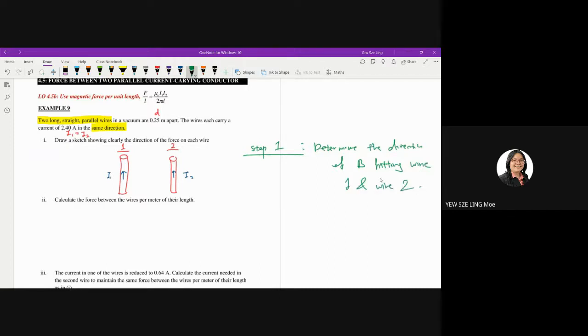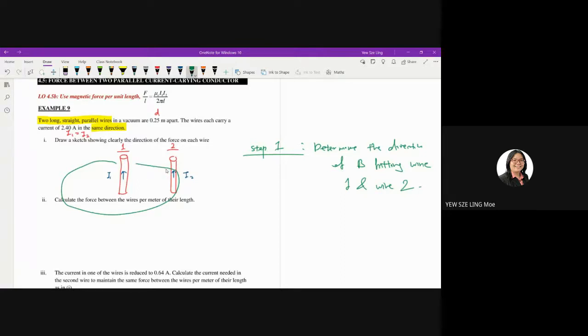We want to determine the directions of the B that is hitting our wire 1 and also wire 2. Now, if you look at this diagram, wire 1, when it has current flow, of course, it will generate its own magnetic field. The magnetic field generated by it won't hit itself. What is going to happen is that the magnetic field generated by wire 1 will hit conductor 2.